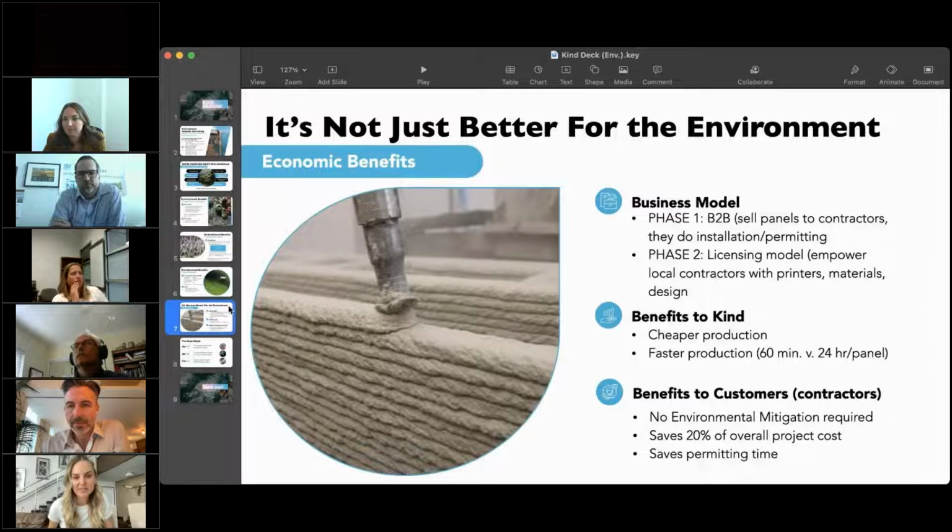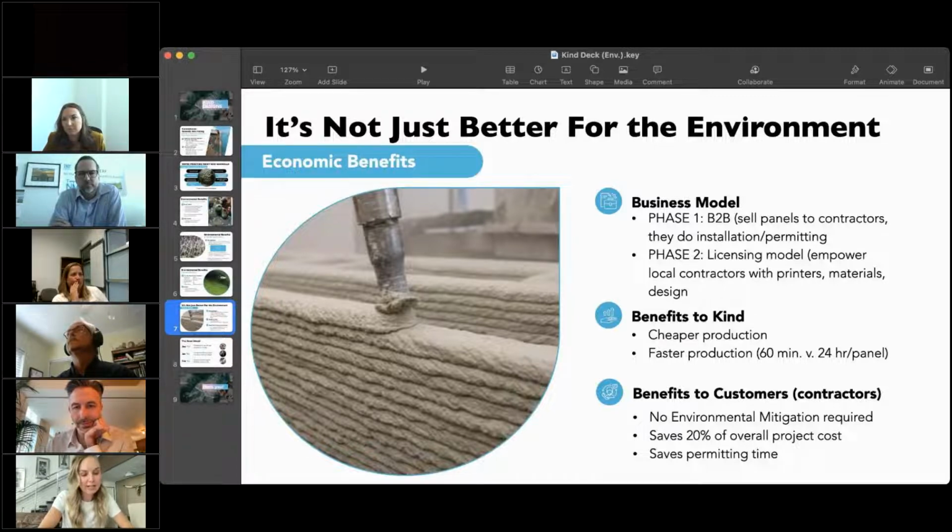Okay, and the beauty of this is that all of these benefits are at no added cost. So we are able to match the price of what the contractors were spending to make their own panels to create our panels and still have all of these environmental benefits.